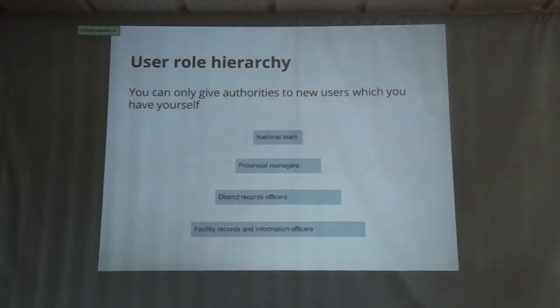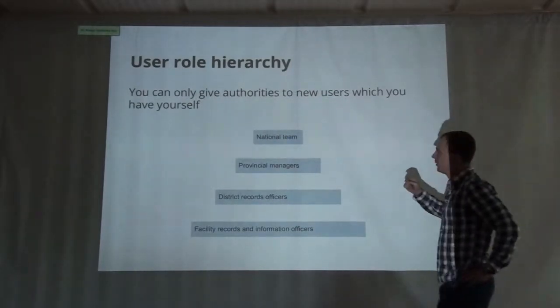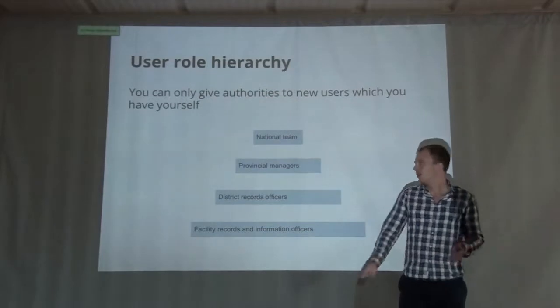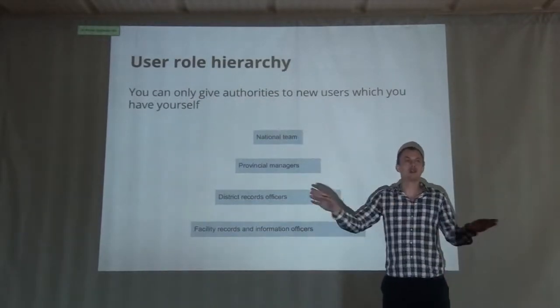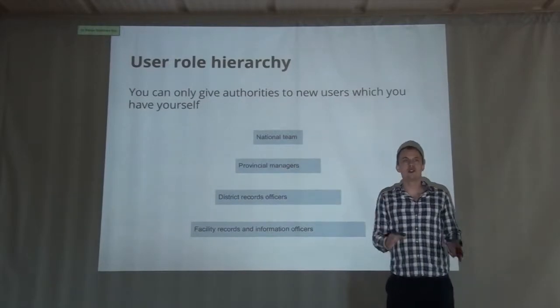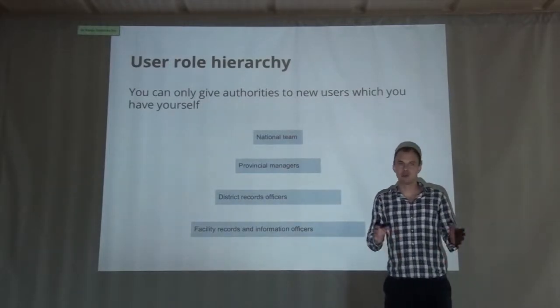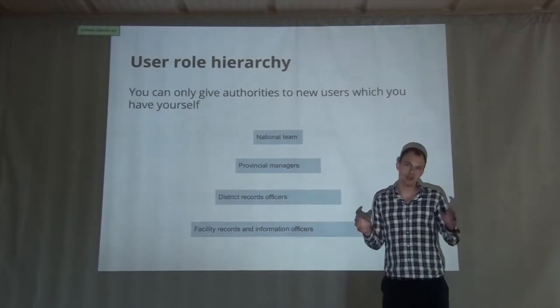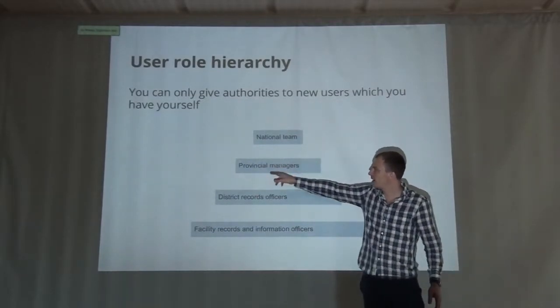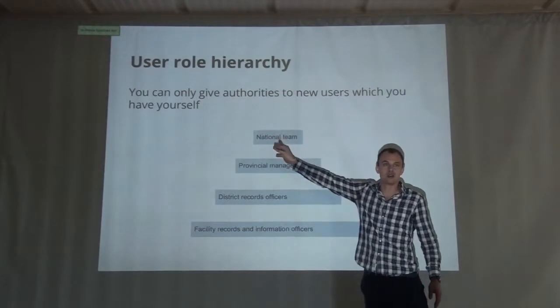So the point is that when you create user roles like this, you should try to make them in a hierarchy. For the national team, you give them everything. Then come the provincial users, you give them a bit less. You don't give them everything, you give them many authorities, but not all. But everything that the lower ones have should also be part of the higher one. Then you create for the districts, and you make a subset. Everything here should also be part of that one.